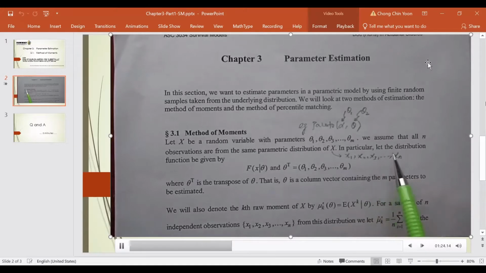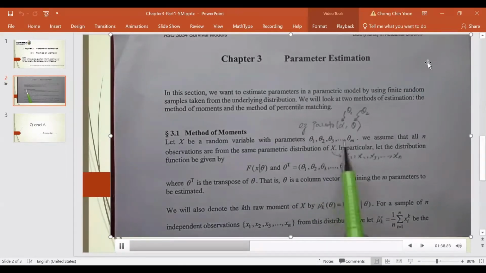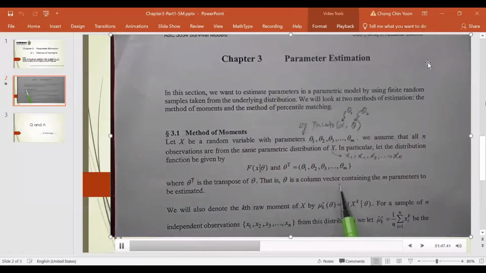In particular, let the distribution function be given by F_X(x | theta), where theta transpose equals these m parameters, and theta is a column vector containing the m parameters to be estimated.